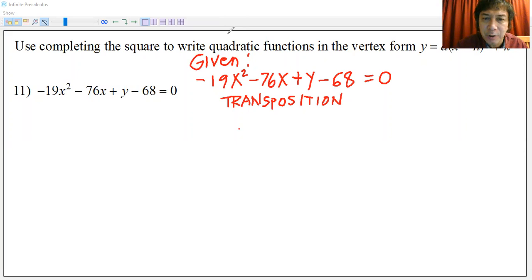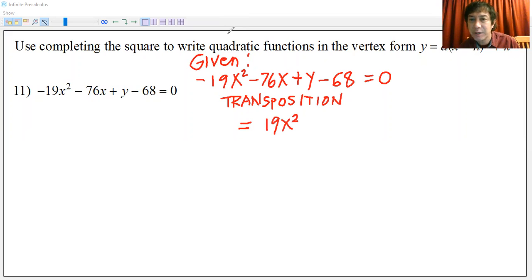Starting with the negative 19x squared at the left side, if we move that to the right, that becomes positive 19.